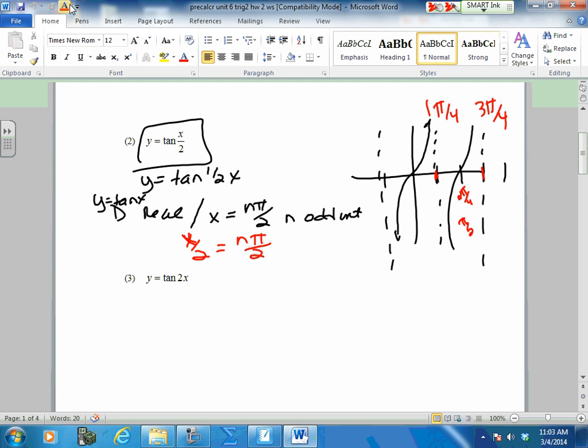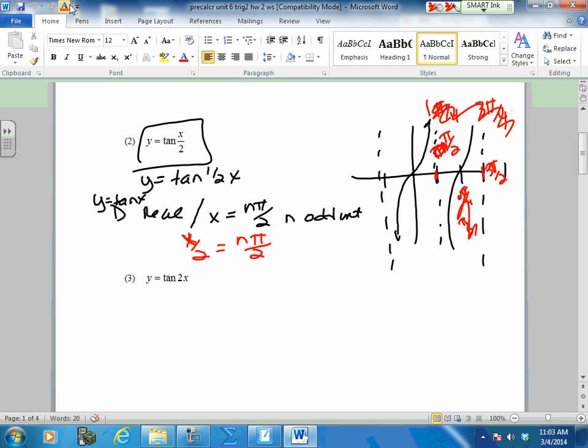Oops, hang on. Let me backtrack. We didn't change it yet, sorry. This is your n pi over 2. This is 2 pi over 2, which is pi. This is 3 pi over 2, which is 270. These are the ones we can't use, right?